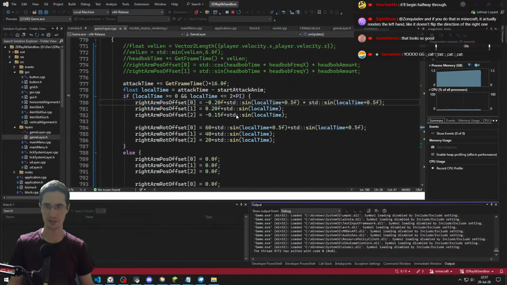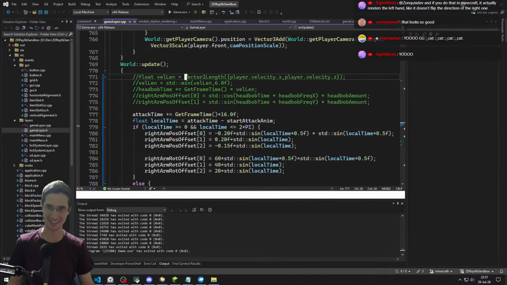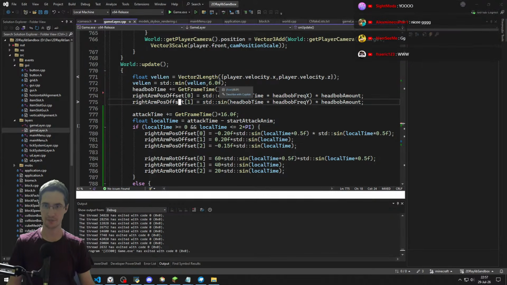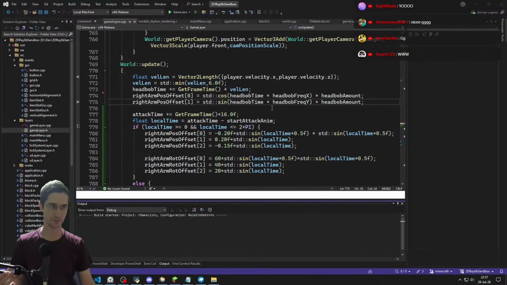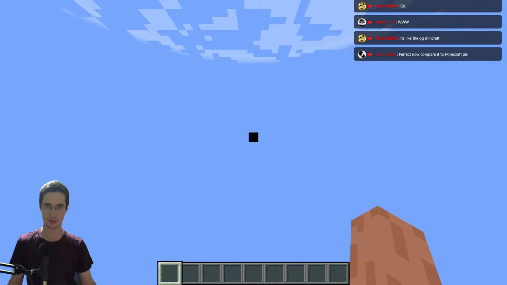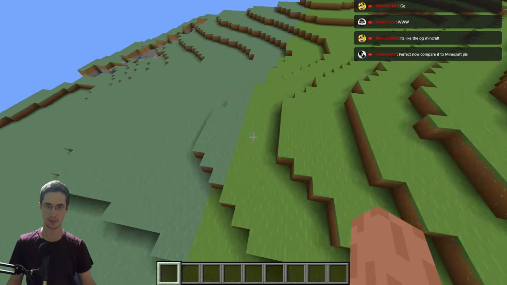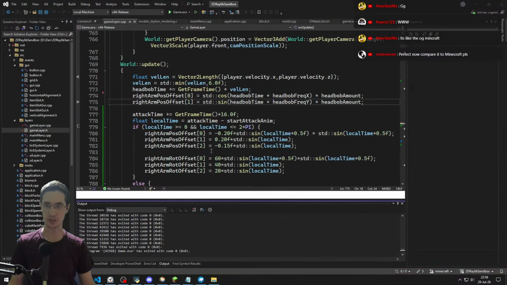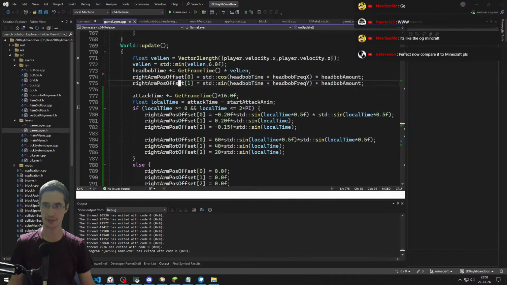And let's bring back the head bob. Okay, I don't see the head bob. Oh, because we reset the offset here. Damn.